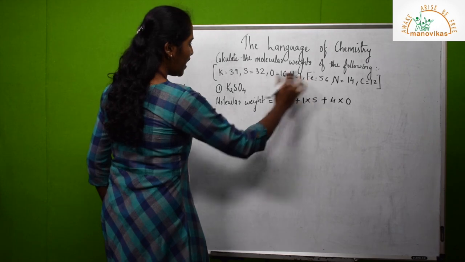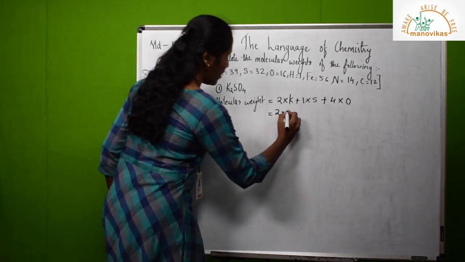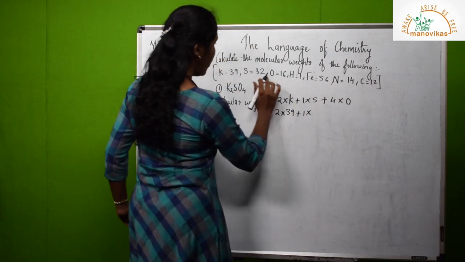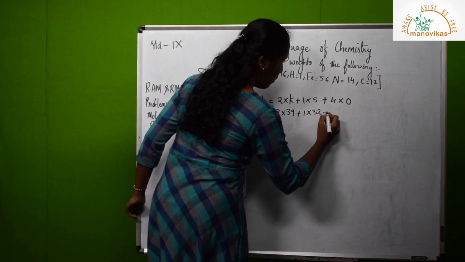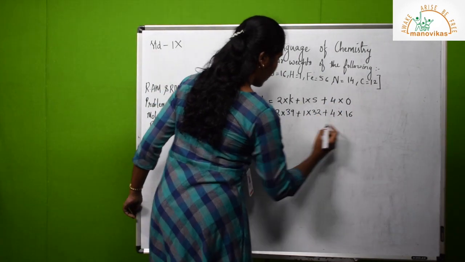Here you are already given the atomic mass, so we'll just substitute it: 2 into K, which is 39, plus 1 into sulfur, which is 32, plus 4 into oxygen, which is 16.